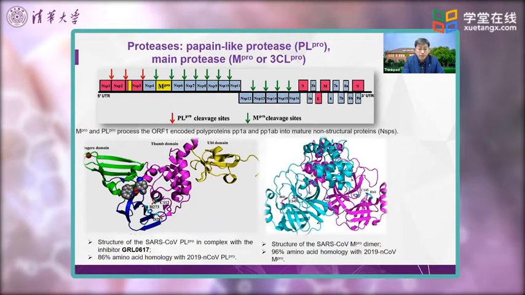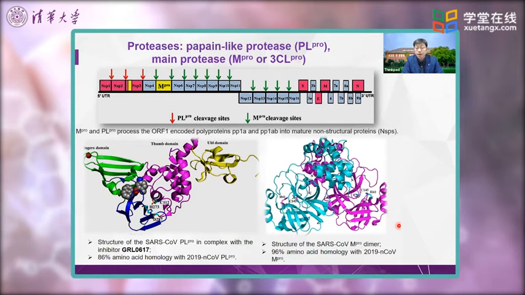The left side is the structure of the SARS-CoV PLpro in complex with an inhibitor, GRL0617. It shares 86% amino acid homology with the novel coronavirus. The right part shows the dimer structure of SARS coronavirus M protease.